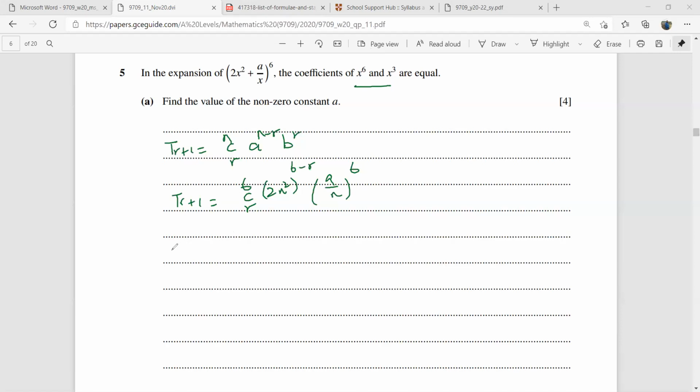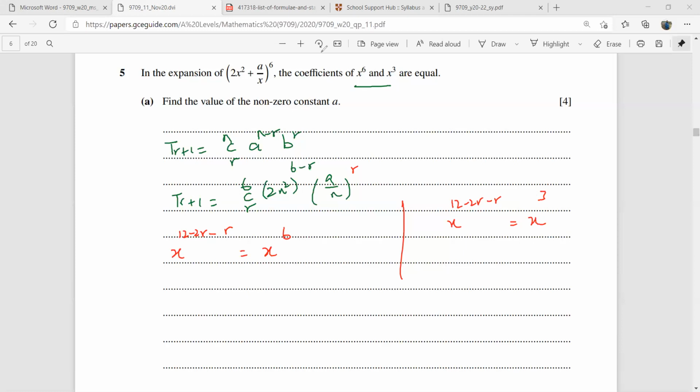First of all, I'll put x to the power 12 minus 2r minus r, equal to x raised to power 6. Secondly, I'll put x raised to power 12 minus 2r minus r equal to x cubed, because I want to know these two terms which have the powers 6 and 3 on x.